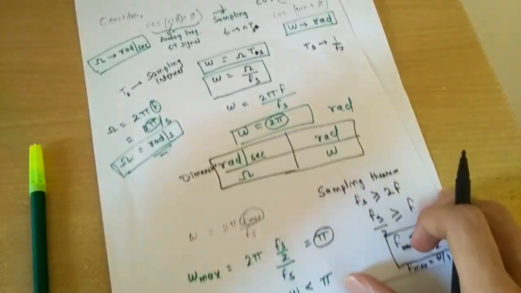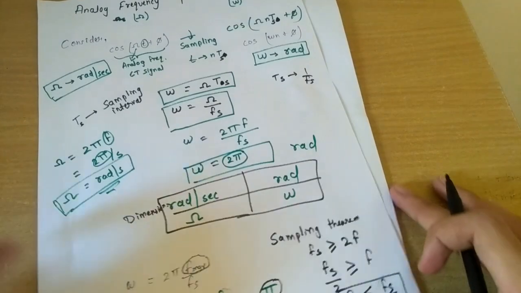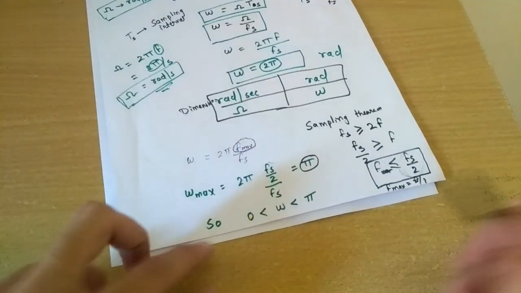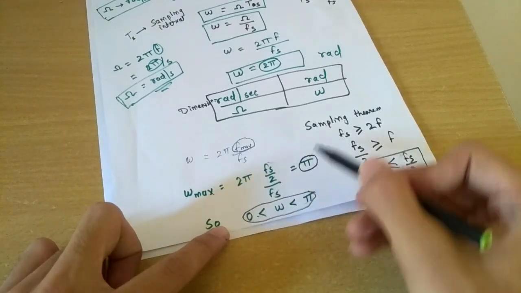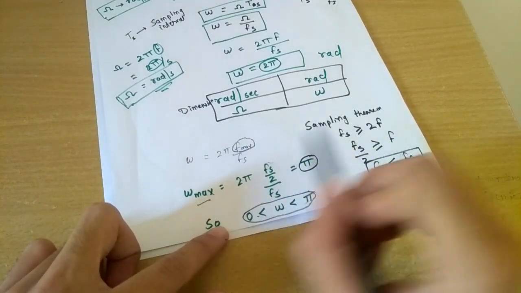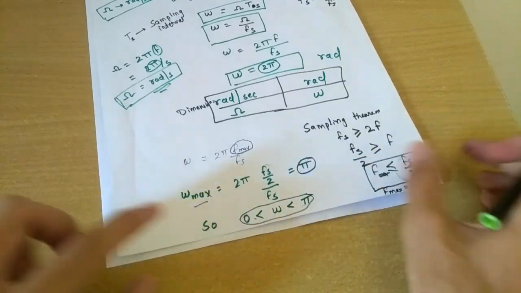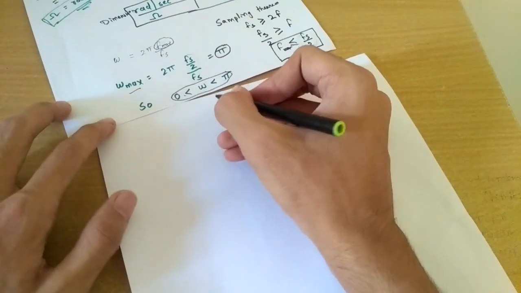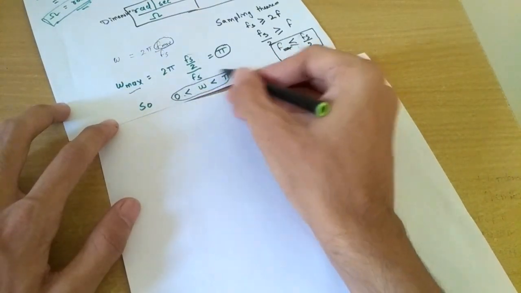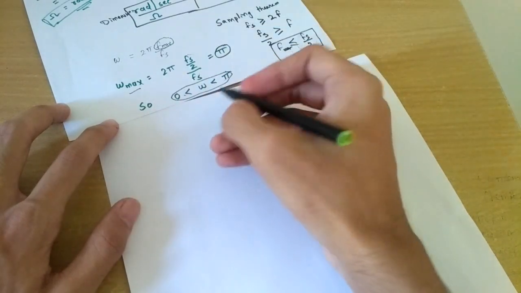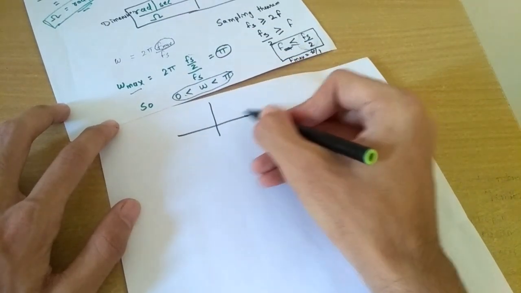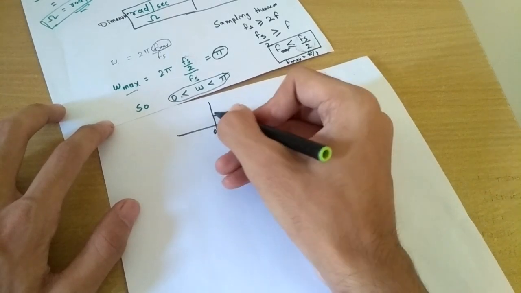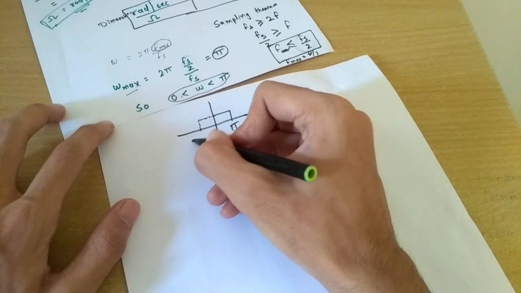So it means that in the digital domain we always have one advantage: we have to consider the frequency only in the range of 0 to pi, because our maximum digital frequency can go up to pi. But since we have real signals, and real signals have the same frequency on the minus x-axis also, over here we have 0 to pi, then there exists a frequency from 0 to minus pi.